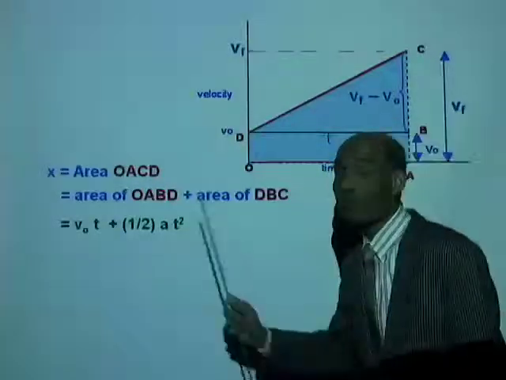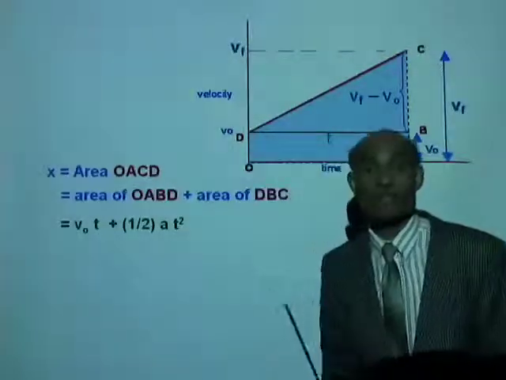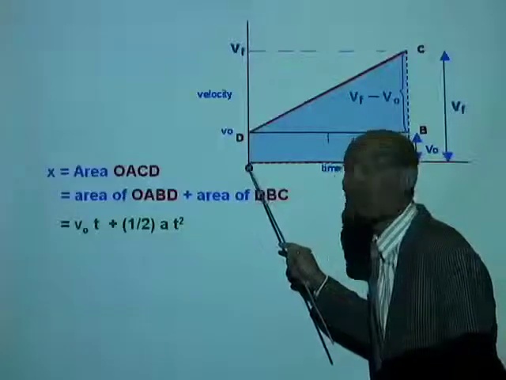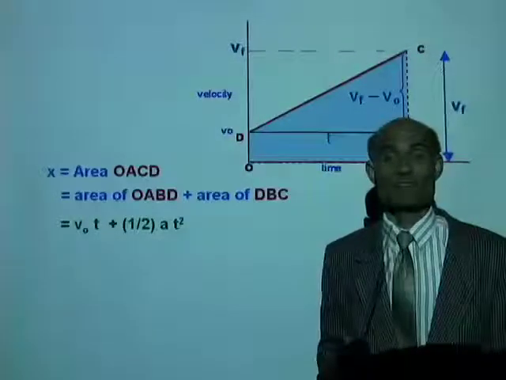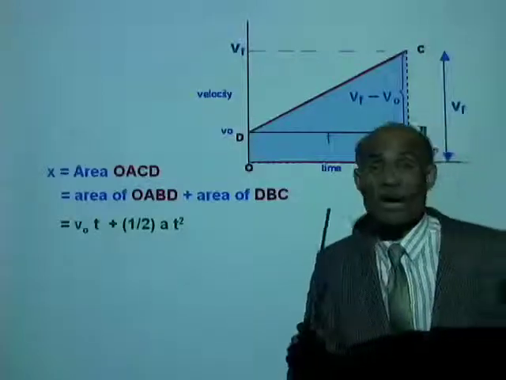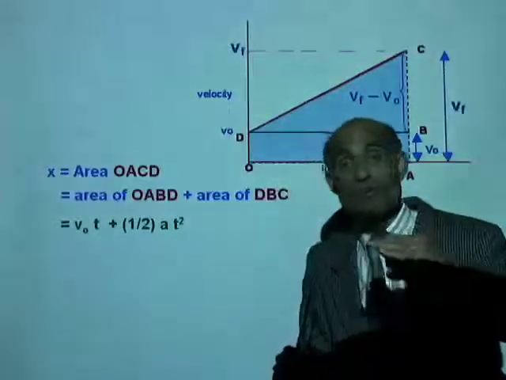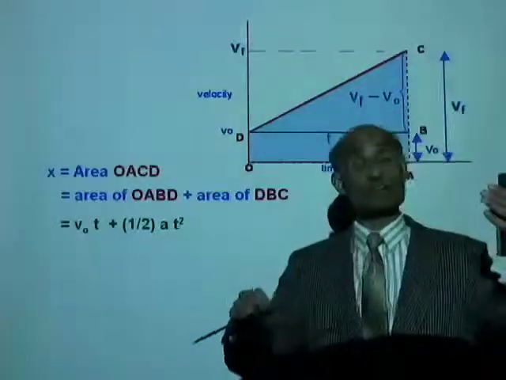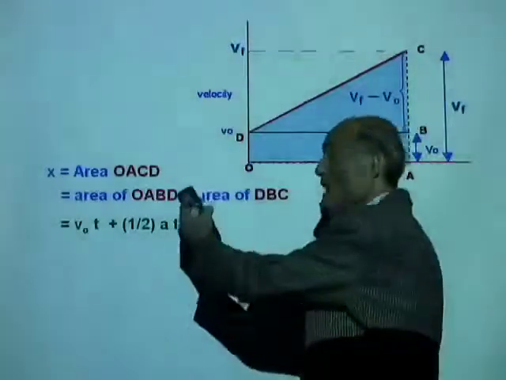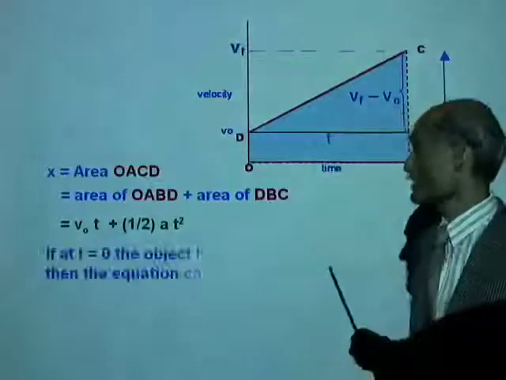Well, this equation we got assuming that at t equal to 0, the particle is at the origin. If the particle at t equal to 0 is at some other position called x0, then you need to add that to this.